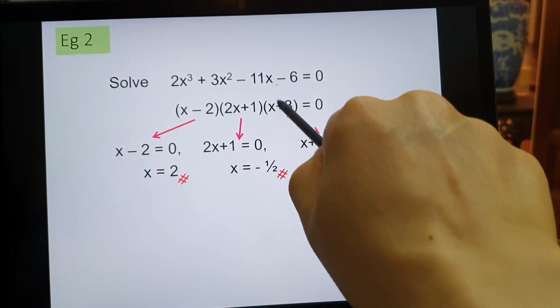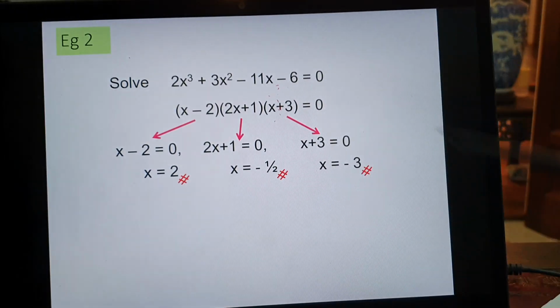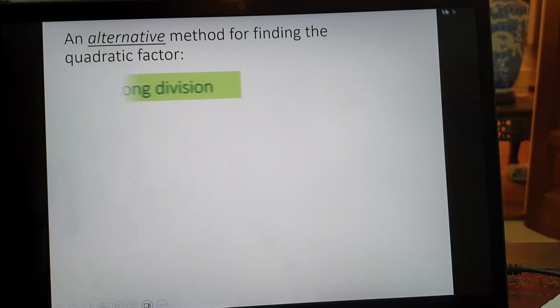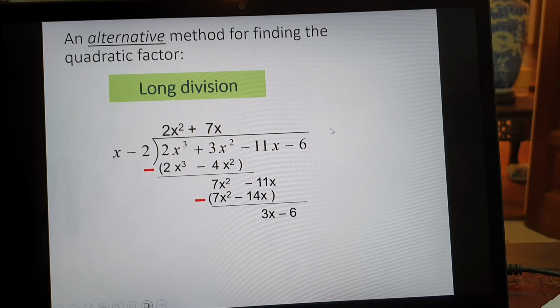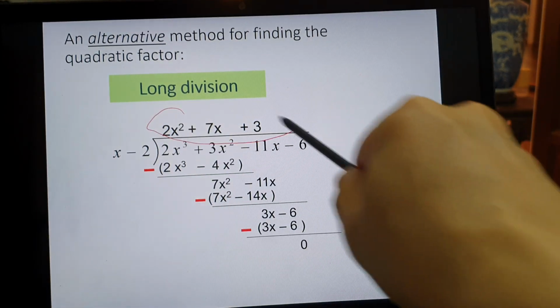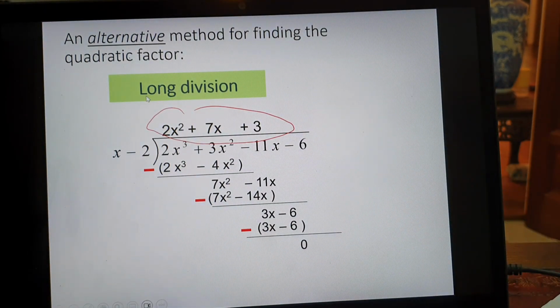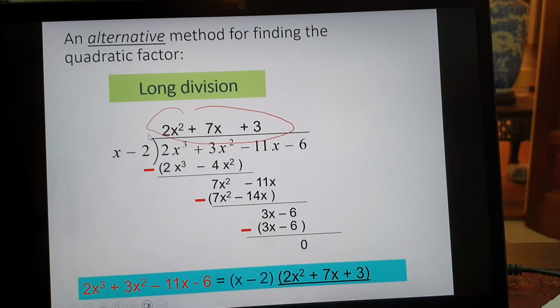You got to show all the factor theorem working. You cannot just press the calculator and get that one. How about if you don't want to use long division? Many of you are doing this because you love to do long division. I mean that's fine. You see, you get the same result as what I got just now through the inspection, compare coefficient method.